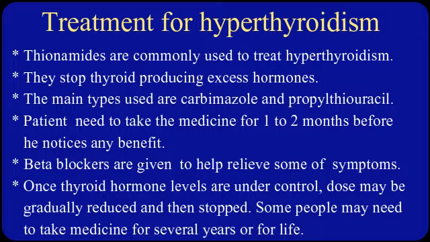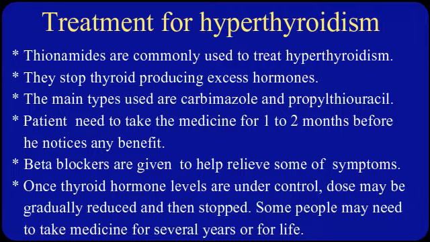Now, coming to the treatment of hyperthyroidism, thionamides are commonly used to treat hyperthyroidism. Actually, they stop the thyroid from producing excess hormones, and the main types used are carbimazole and propylthiouracil. The patient needs to take the medicine for 1 to 2 months before he notices any benefit.